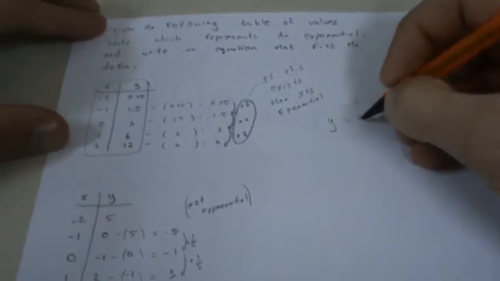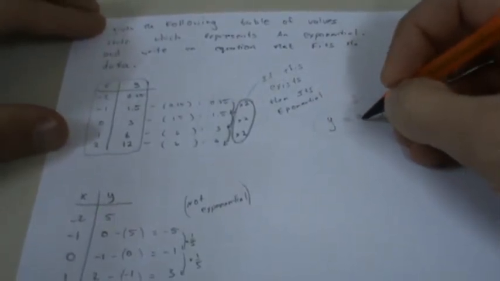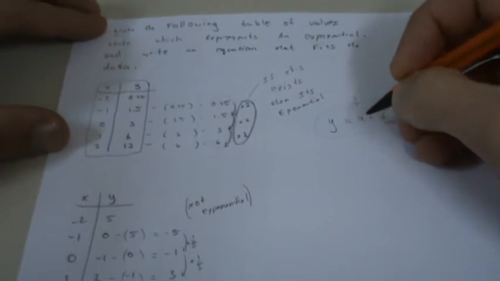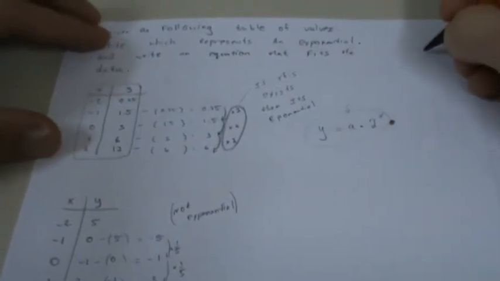Because what I want to do is solve for the a value here. So notice right now my function is y is equal to a times 2 to the x. Remember, this 2 comes from the fact that this exists here.